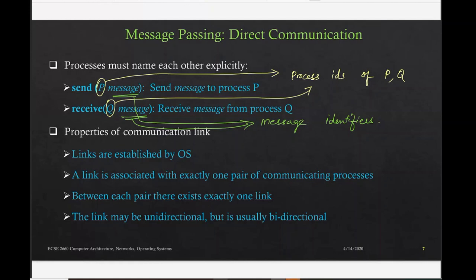As you might have seen in any programming class, any such hard coding technique where your identifiers must explicitly be stated is less desirable than techniques that involve indirection, right? And that is what the indirect communication message passing approach allows us to do by using mailboxes, shared mailbox or ports.